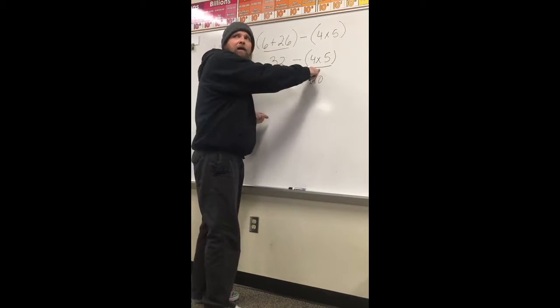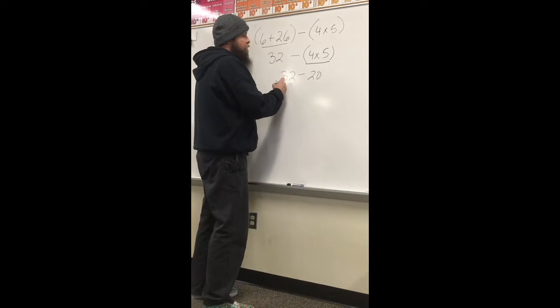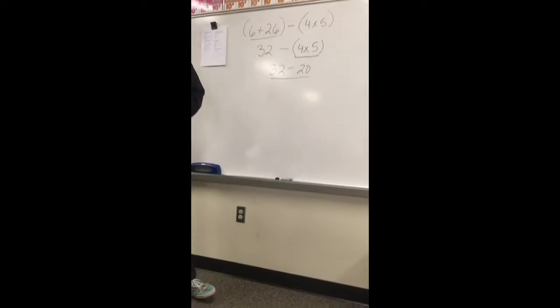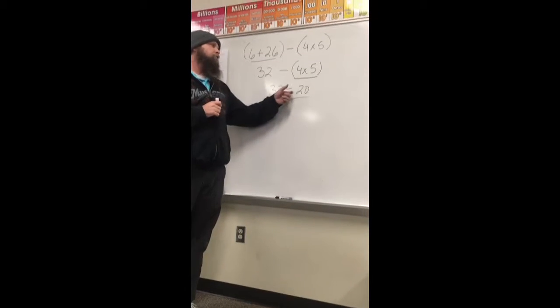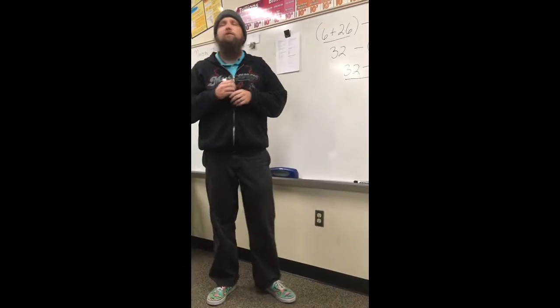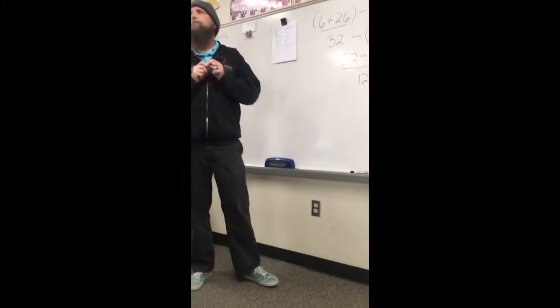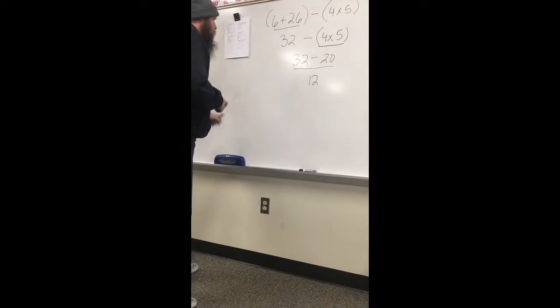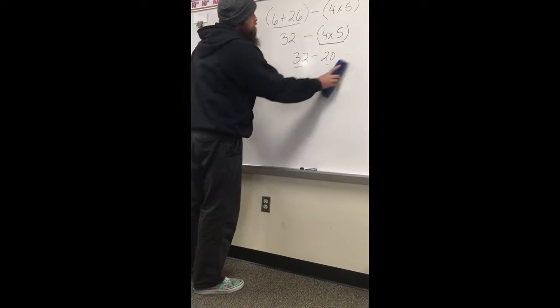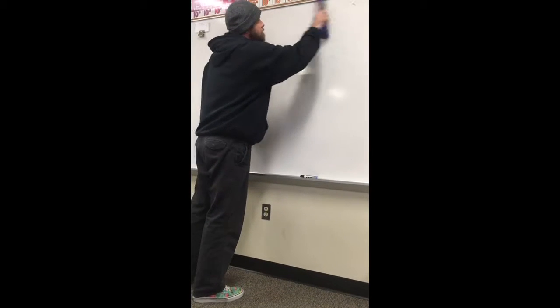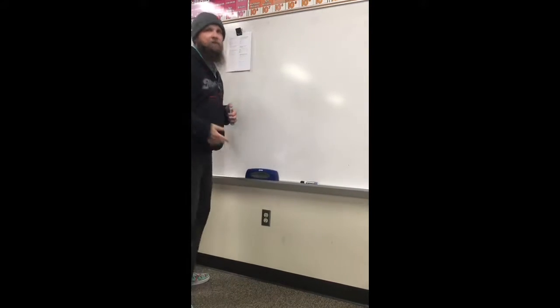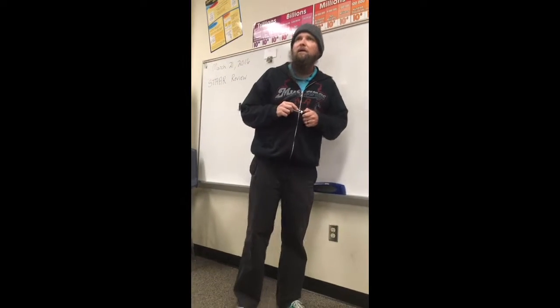That's why it's real handy to underline, because then you know what you haven't used. Christopher, we have one operation left. 32 subtract 20 is 12. So can this be our answer, Christopher? Yes. We think it is. We're going to check some of the other ones just to be sure that we know how to do this. Because I saw people getting answers of 7,286 on some of these.